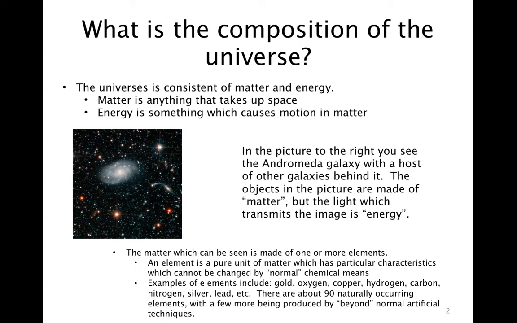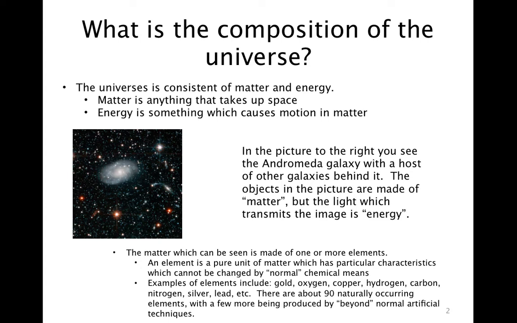Later on, we discovered structures called atoms, and atoms are the most basic units of an element. An element is a type of matter which can't be changed by normal chemical means. In the past, there was a field of inquiry called alchemy, and the idea was you could change lead into gold. You can change lead into gold, but it requires things like stars to do it.